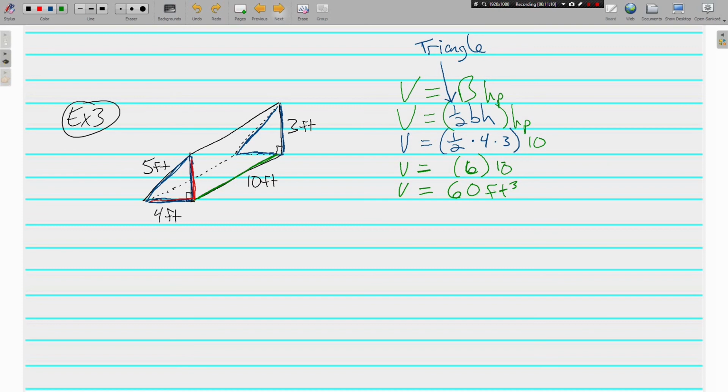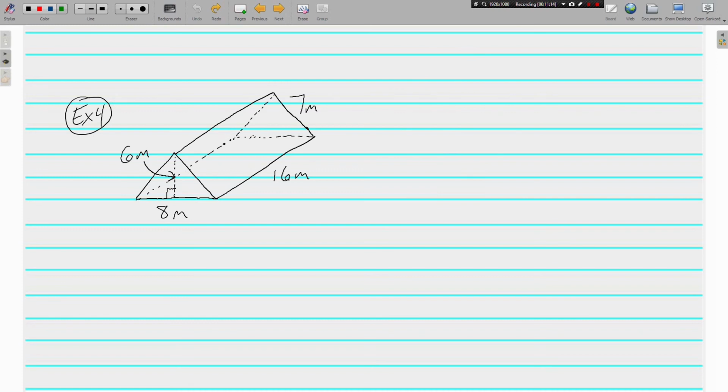Let's do another triangular prism. Same formula. Volume is equal to area of the base times the height of the prism. The base is a triangle, so we're going to use 1/2 base times height times the height of the prism.